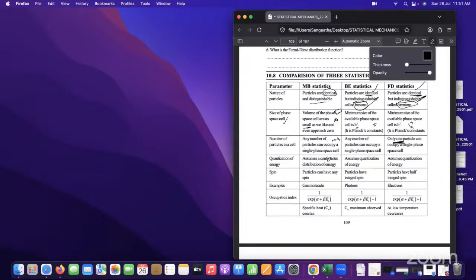Next, this is a continuous distribution. Here it is quantization of energy. This is also quantization of energy.